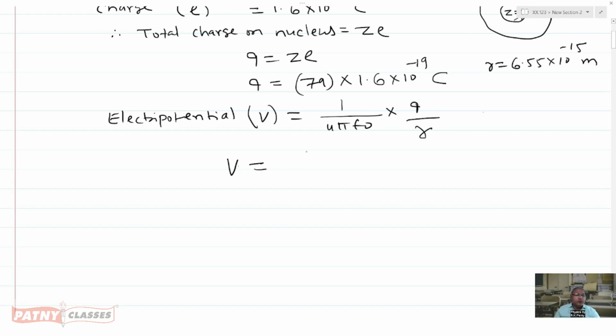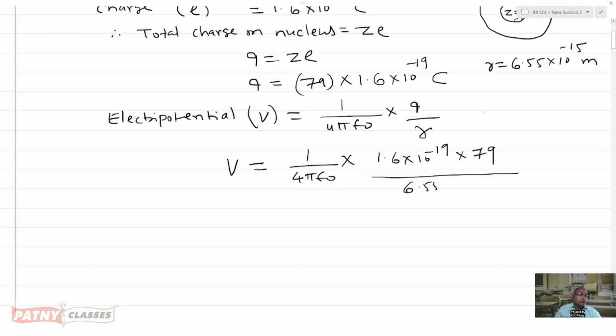Therefore V equals 1 upon 4 pi epsilon naught, Q is nothing but 1.6 into 10 raised to minus 19 multiplied by 79, and R value 6.55 into 10 raised to minus 15, and 1 upon 4 pi epsilon naught is nothing but 9 into 10 raised to 9.